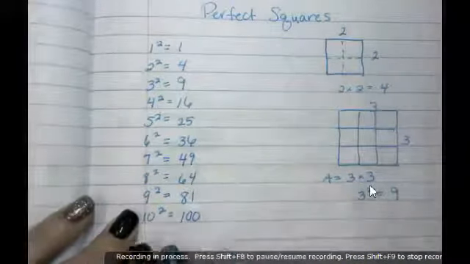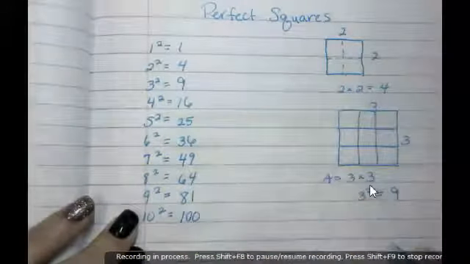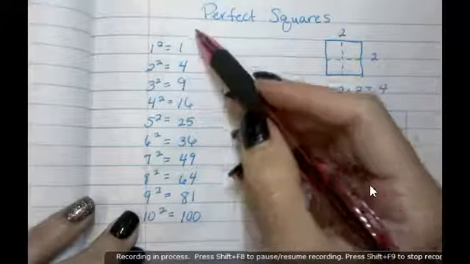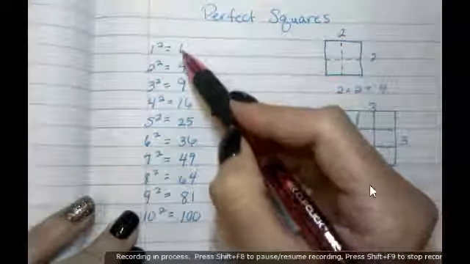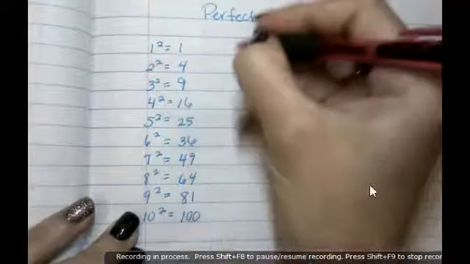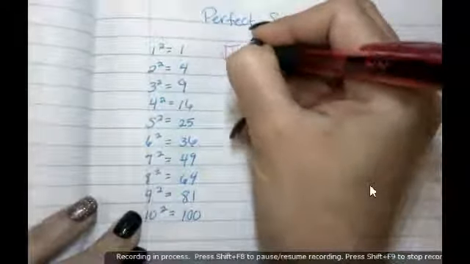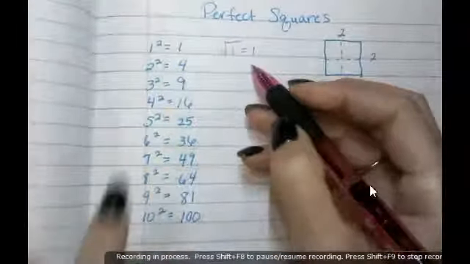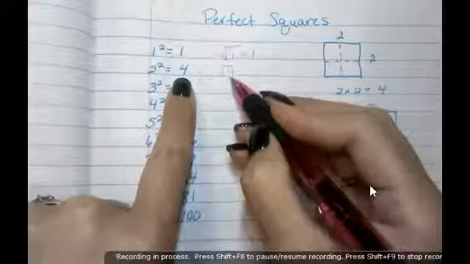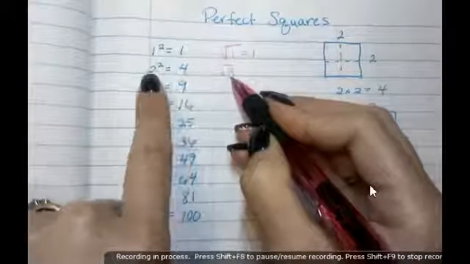I'm also going to write the inverse of this, the opposite. So if I were working backwards, the square root of 1 is 1, because 1 times 1 is 1. The square root of 4, what number times itself gives us 4? 2.